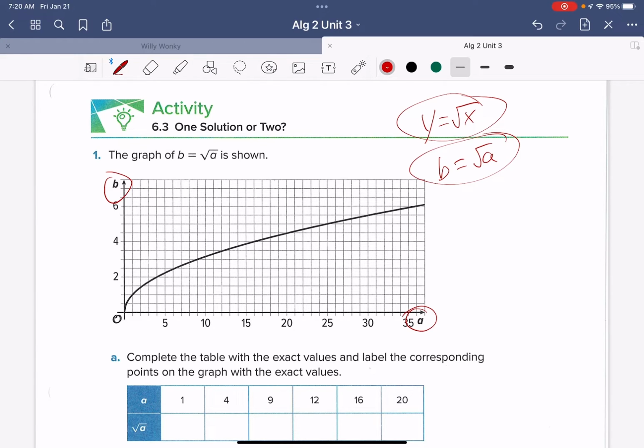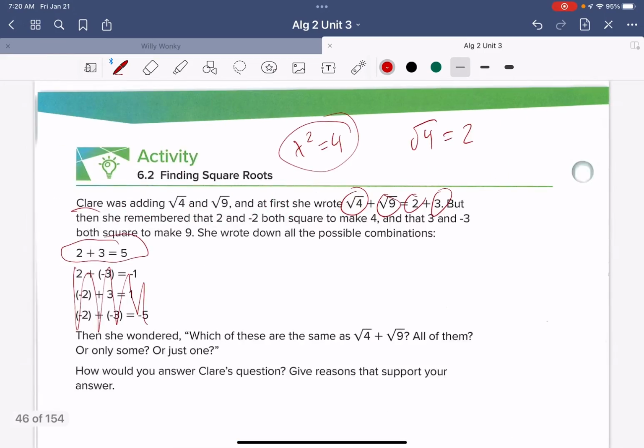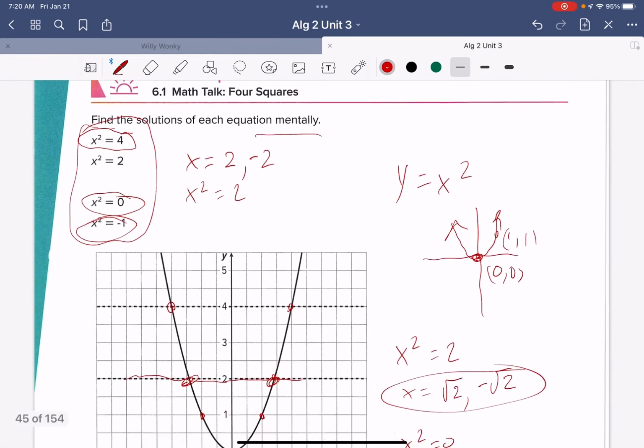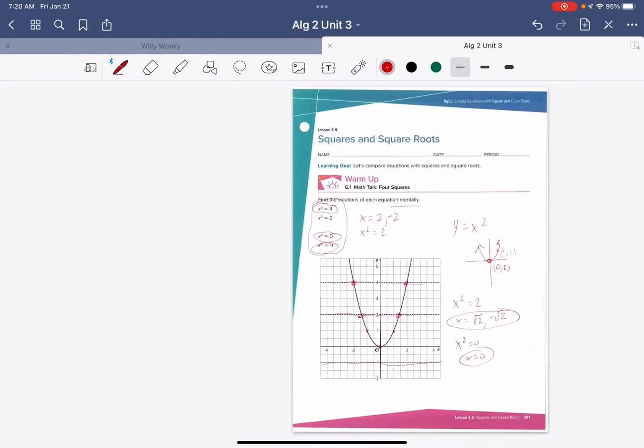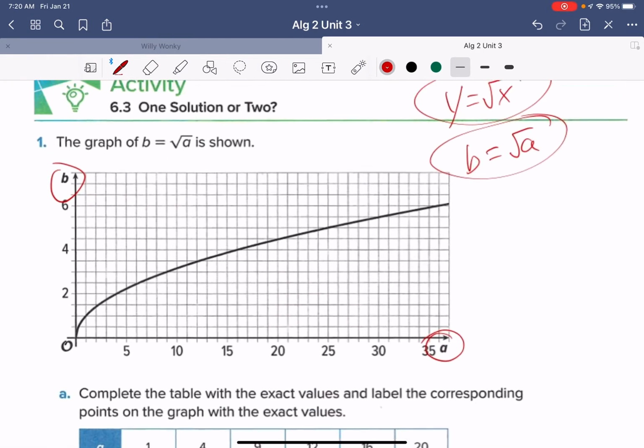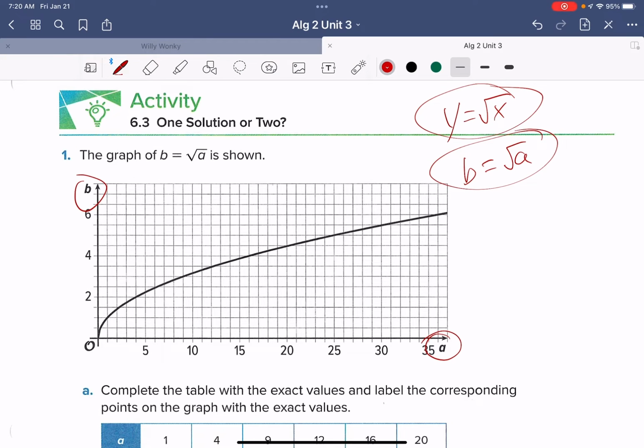And that's what's going to happen here on this graph. See, on the first graph here, we had two solutions because this comes across here, hits the function twice. So there's two solutions, plus and minus 2. But here there's just one arm of this function. There's just one part to it.